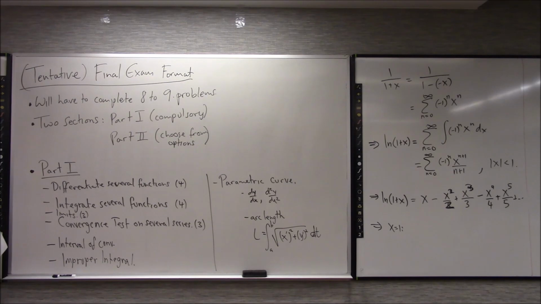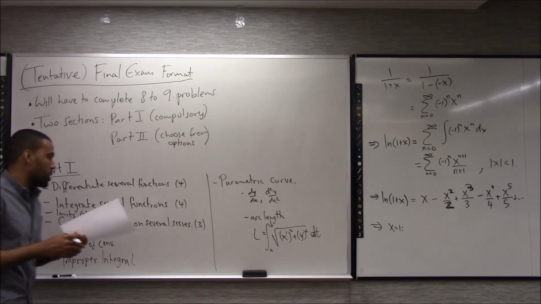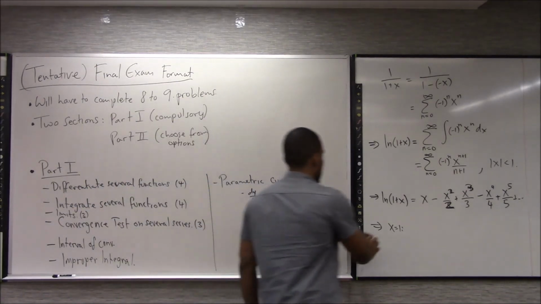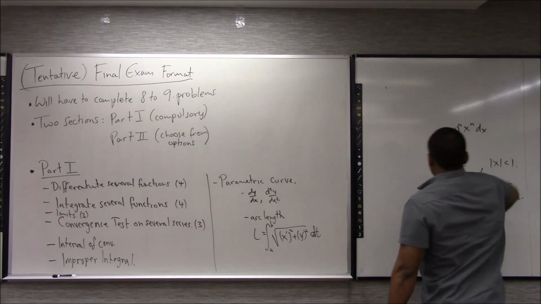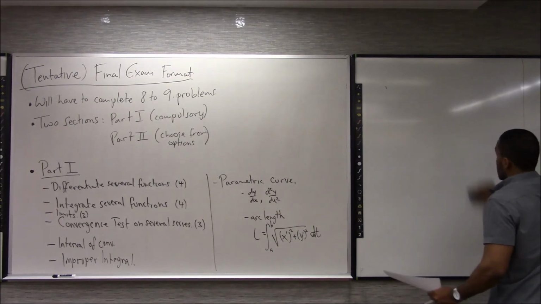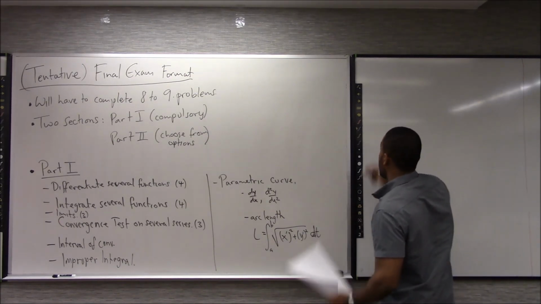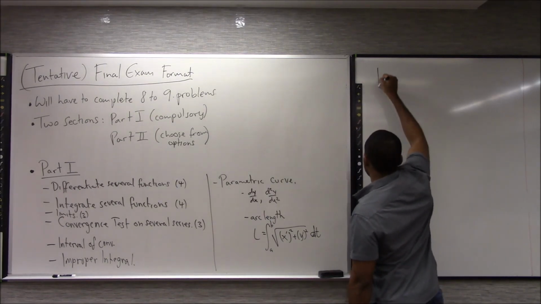The point is not to be tedious. The point is, can you apply different techniques at different times? If you see what technique to use, it won't be difficult. I'm not going to make it computationally difficult for no reason. So those are just some options. So these are kind of things that you want to make sure that you know.